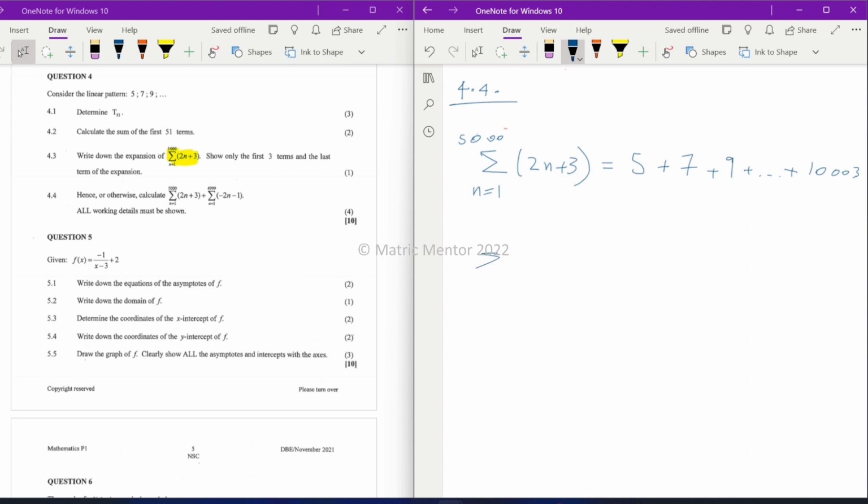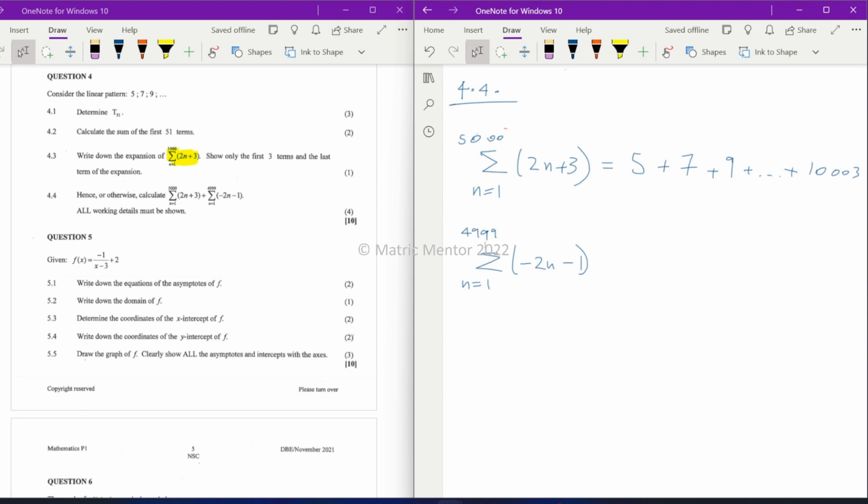So for this function, the sum of minus 2n minus 1 from n equals 1 up until 4,999, let us also find the first three terms and the last term, because in question 4.4 they said hence or otherwise calculate the following. So that means we must use the information we got previously, right?